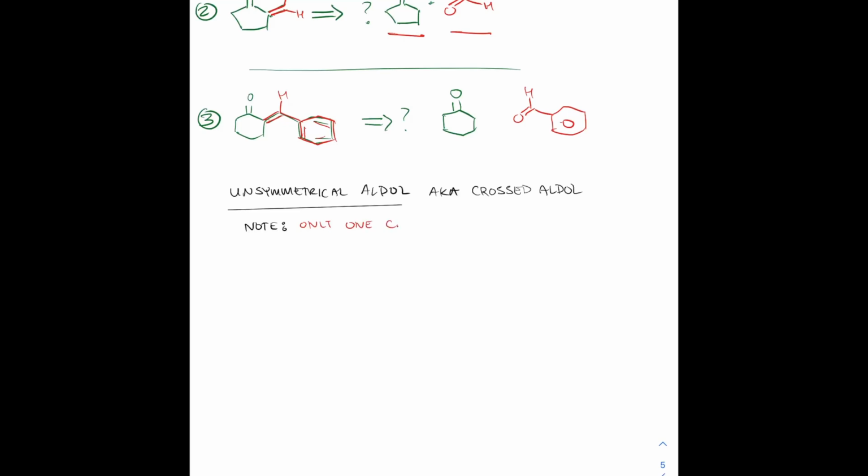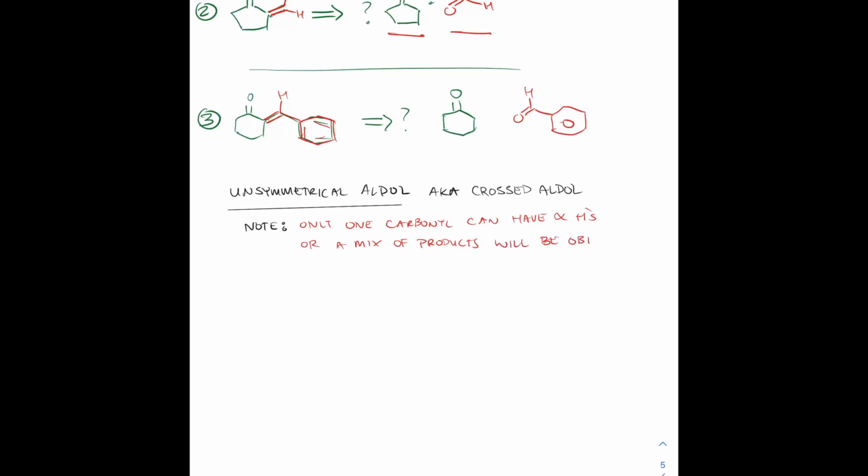All right, so when it comes to unsymmetrical aldols, it's also important to note that only one carbonyl can have alpha hydrogens. Otherwise, you're going to get a mixture of products, and this is not synthetically useful in terms of money and atom economy, etc. So it's just a waste of time.